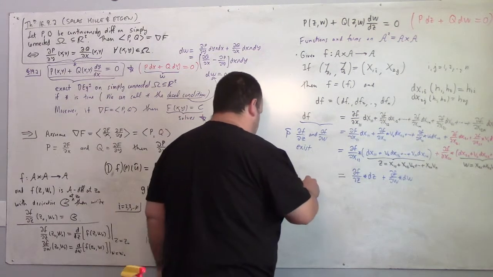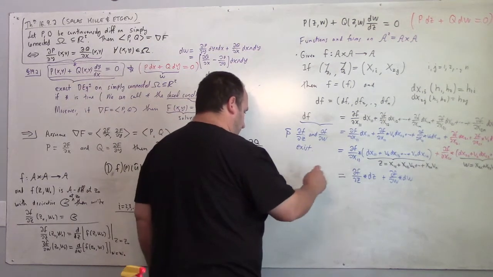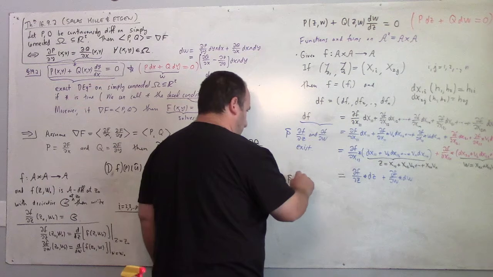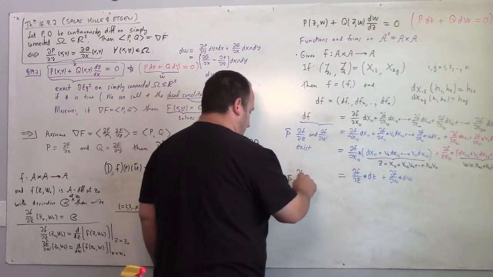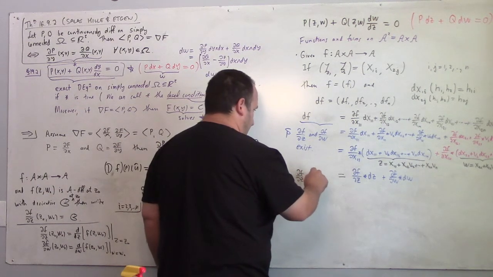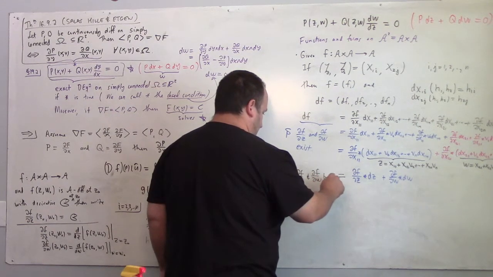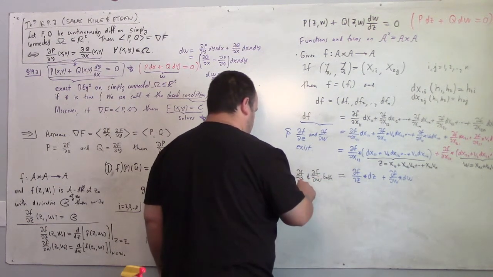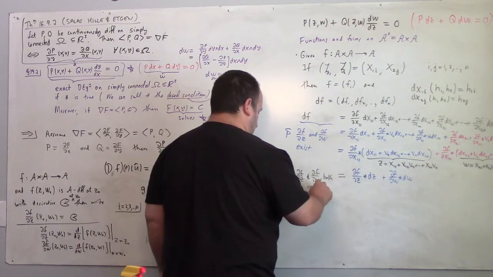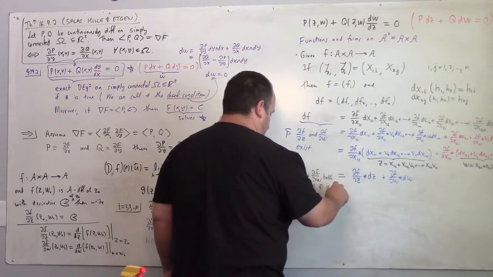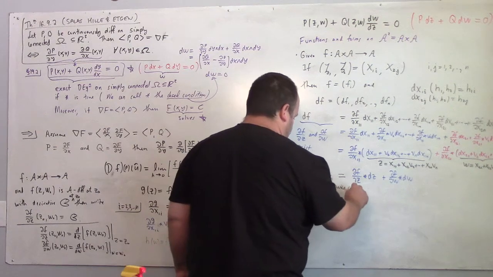So let's suppose that partial f partial z and partial f partial w both exist, and f is twice continuously differentiable.